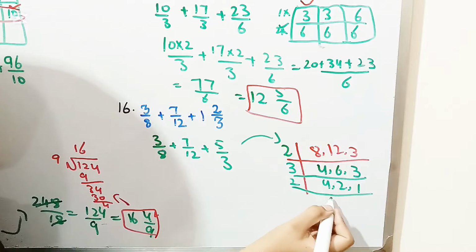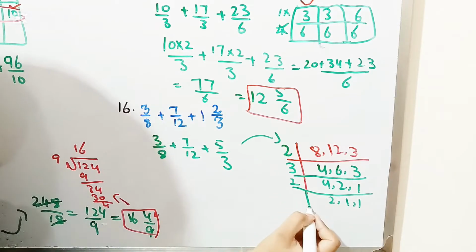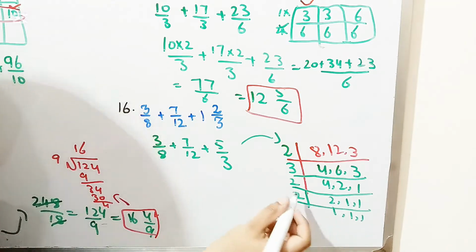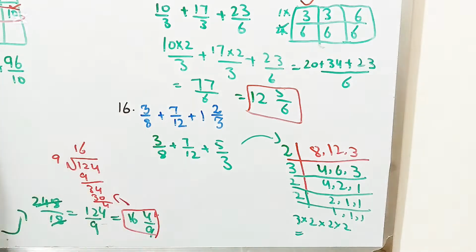Then we take 2, 2 2s are 4, 2 1s are 2, 1. Then we multiply 2, 2, 2, 3. My answer is 2 times 3 is 6, 6 times 2 is 12, 12 multiplied by 2 is 24.